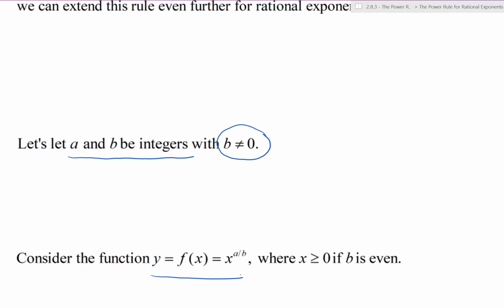As you can see, we don't want b to be 0, because then that won't be defined. We're also going to assume that if b is even, then we only restrict the values of x to be non-negative. So we don't have to worry about taking square roots of negatives, or fourth roots or sixth roots.